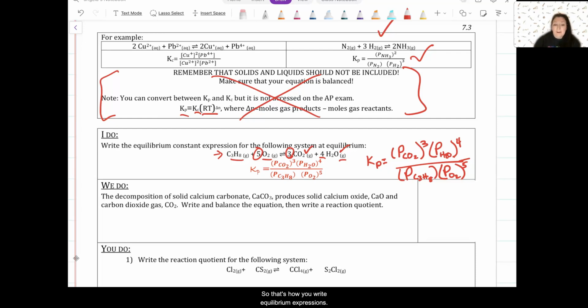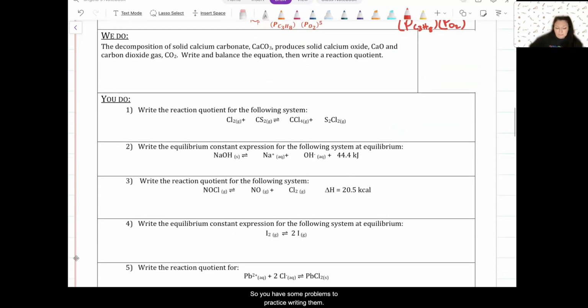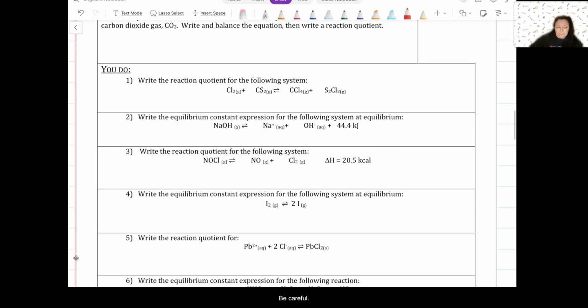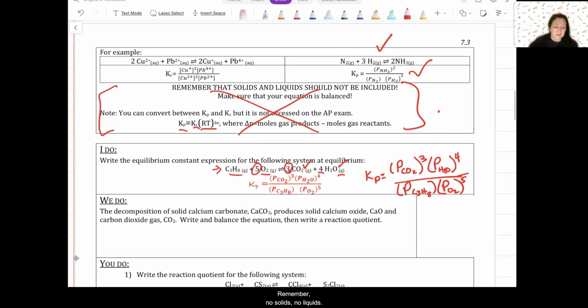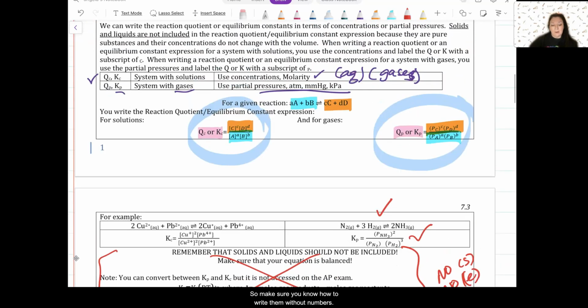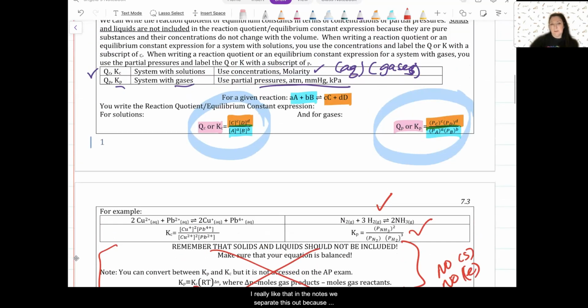So that's how you write equilibrium expressions. So you have some problems to practice writing them. Be careful. Remember, no solids, no liquids. Keep them out of the expressions. So make sure you know how to write them without numbers. I really like that in the notes we separate this out because I have so many kids that just want to jump right into plugging in the numbers.